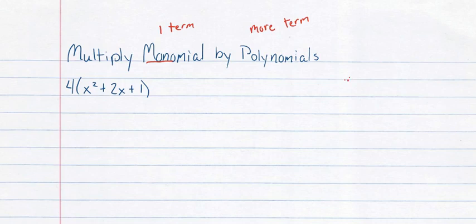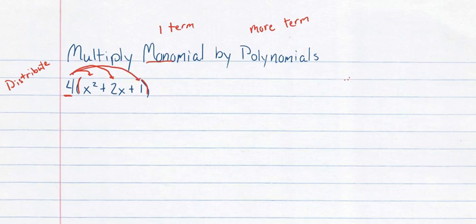So let's just think through what our process is here. Monomial, 4. See these parentheses? What do parentheses tell us to do? Hopefully you were thinking distribute. And that's exactly what we're going to do. We're going to take the outside number and distribute it, or multiply it, by everybody on the inside.